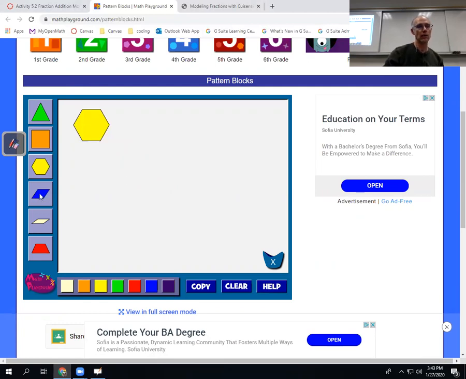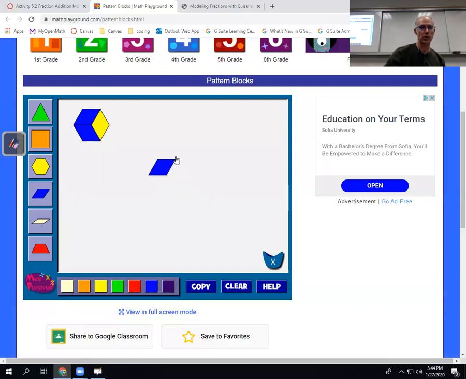And then I got to figure out what is 1/3 of that whole. And so we played around before, showing that this shape is 1/3 of a whole. Let's get over there. All right, so there's my 1/3 of a whole.